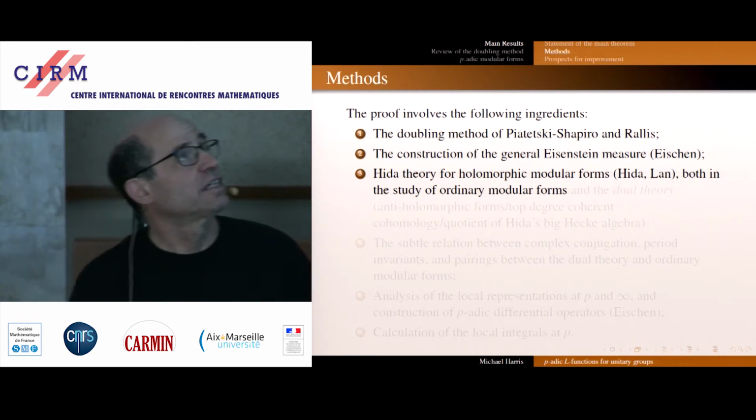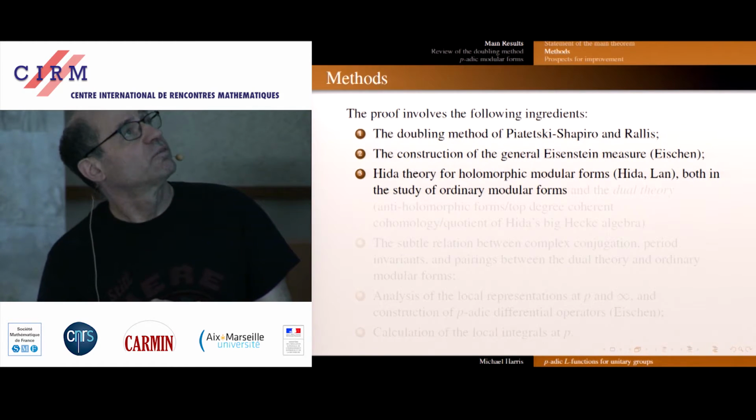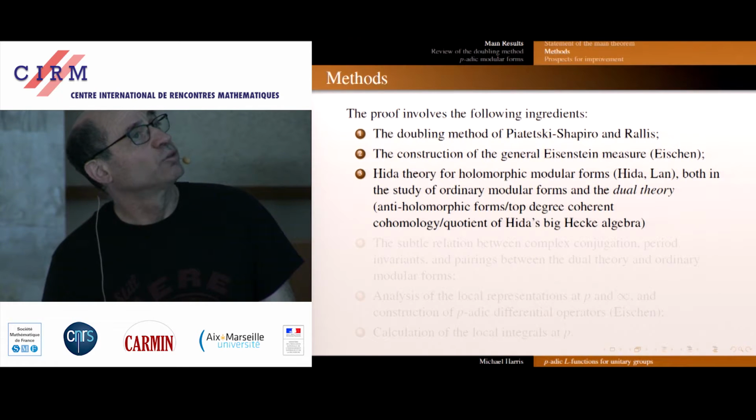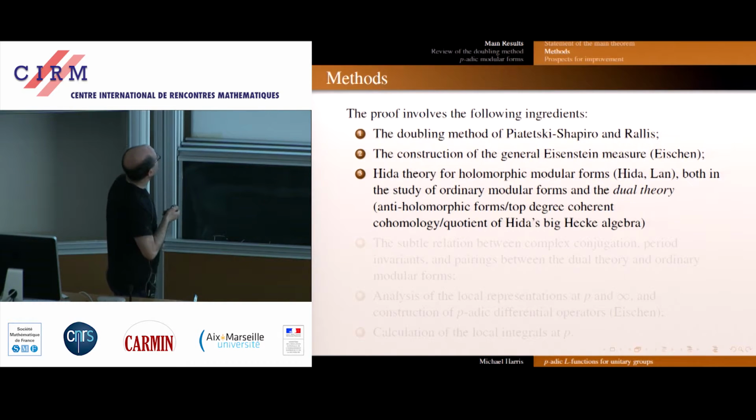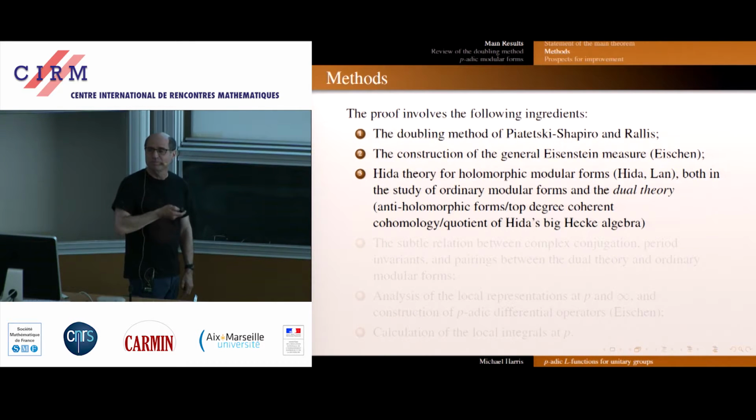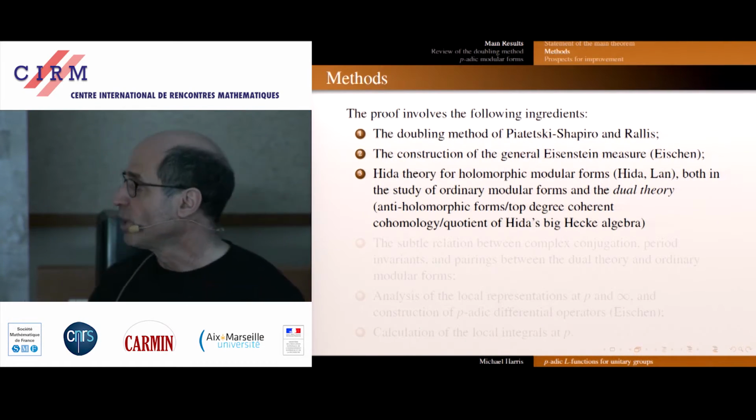Hida theory, as I said, in the study of ordinary modular forms, and the dual theory, which has to be interpreted in three different ways. So the dual forms, all of these come into the picture. The dual of a holomorphic form is in the first place an anti-holomorphic form by complex conjugation, but it's also, by Serre duality, top degree coherent cohomology of some different sheaf.